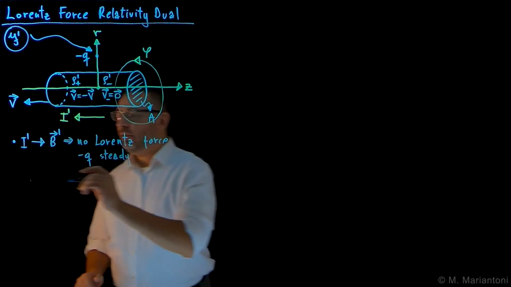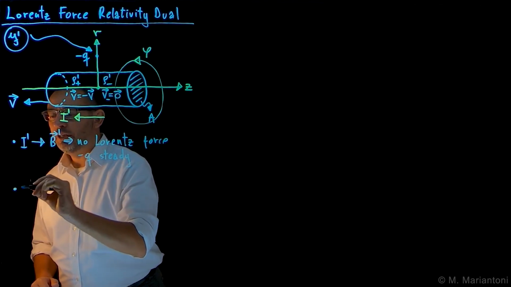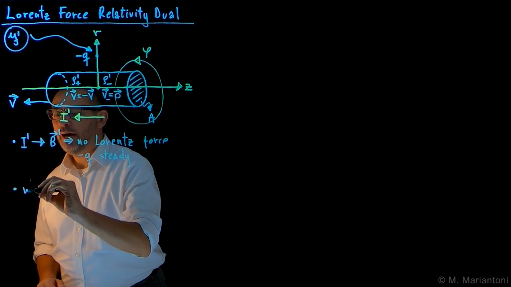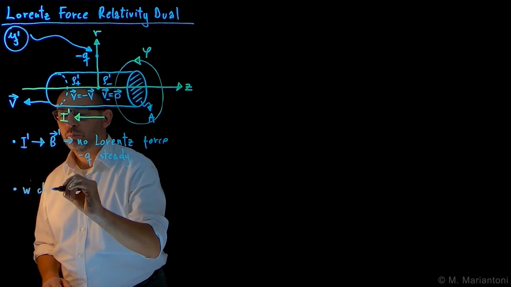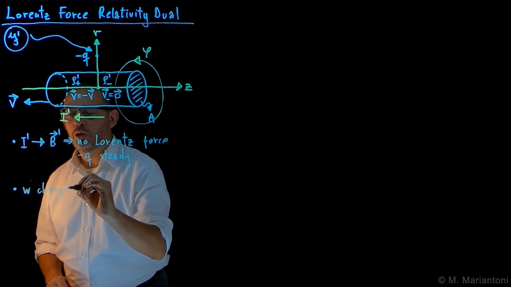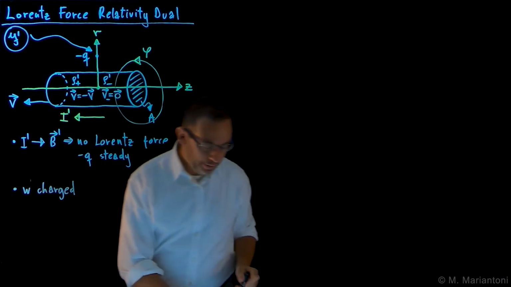However, in this case, we know that the wire is not anymore uncharged. The wire is charged. And what is the volume charge density of the wire in this case?